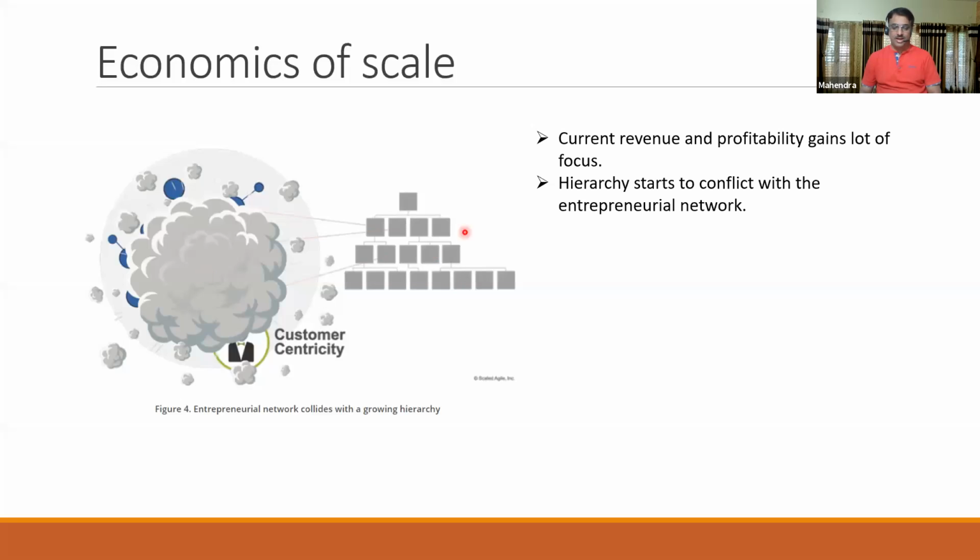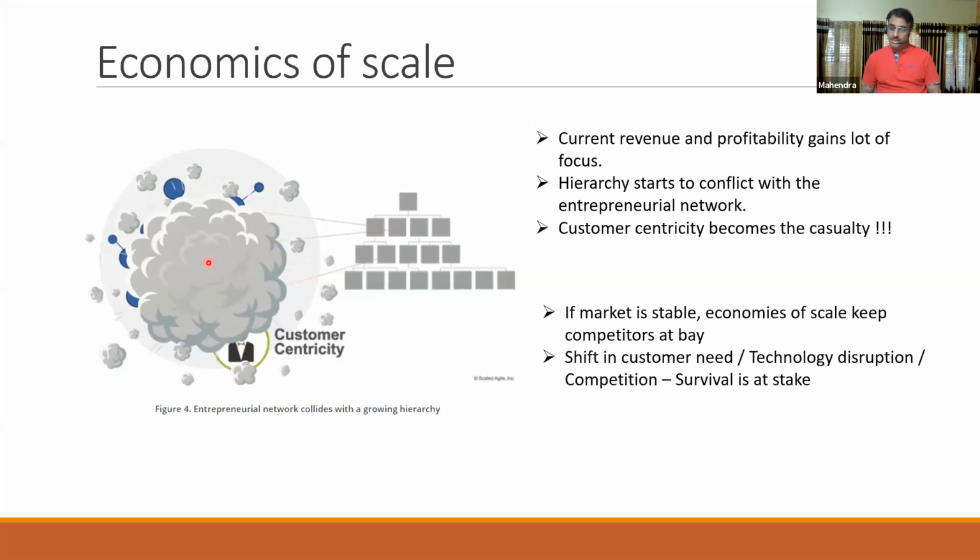Then the hierarchy starts conflicting with the entrepreneurial nature of the organization itself. The flip side is that we start defocusing from the customer point of view. Customer centricity becomes the casualty. This is still sustainable if the market is stable and if the economies of scale can keep the competitors at bay.